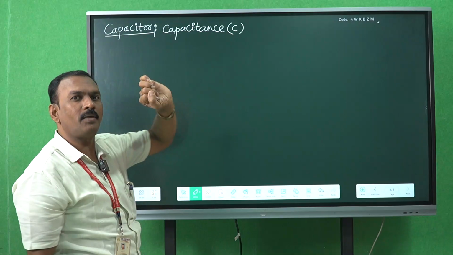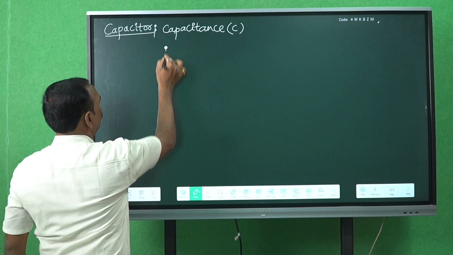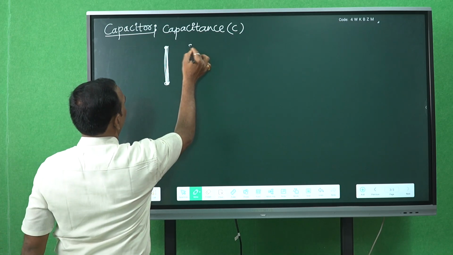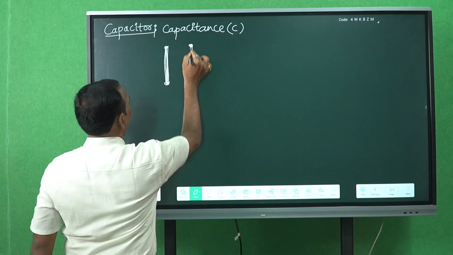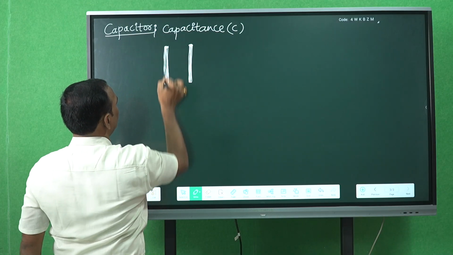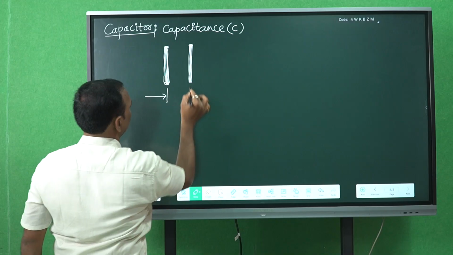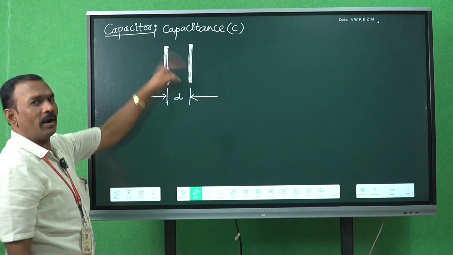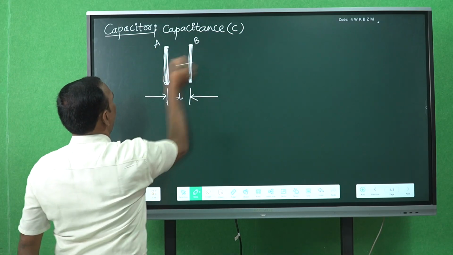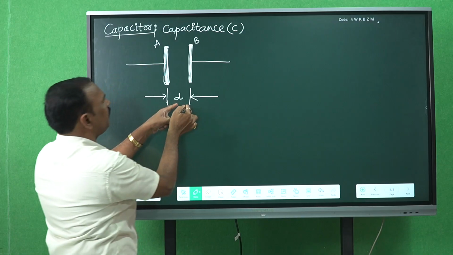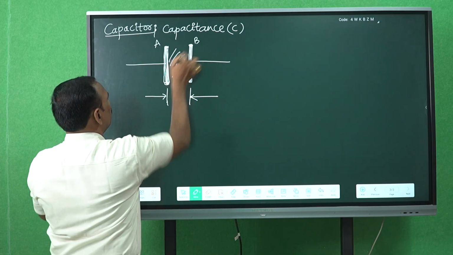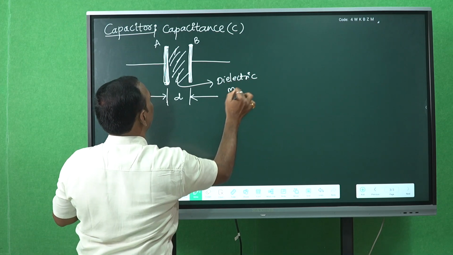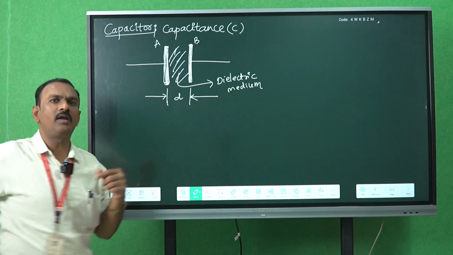How is the capacitance formed? Let us take two conducting electrodes, placed side by side with some distance, and separated by some medium.